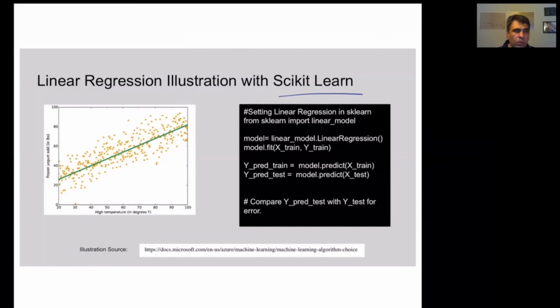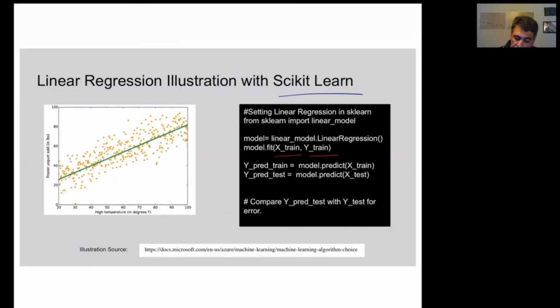So in this case, we have two arrays of data, the X and the Y. I'm going to change the color here. The X and the Y are now in the variables X train and Y train, which means it's the values which we're going to use to train the library.